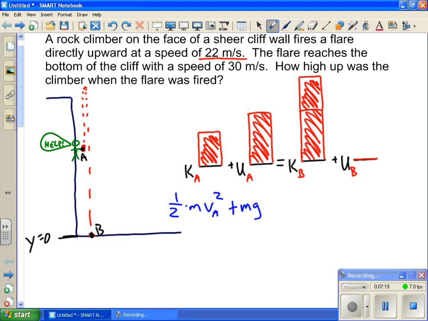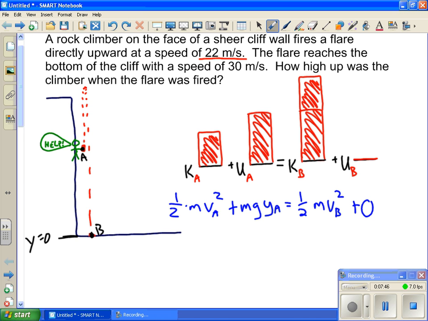So let's assume little g then is 9.8 meters per second squared times the height at A, and that's equal to half times the mass of the flare times the velocity at B squared, plus the potential energy at B is 0. Now, at that point, I can insert my numbers for velocities. I want to solve for y at location A.